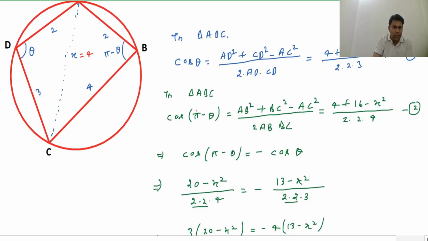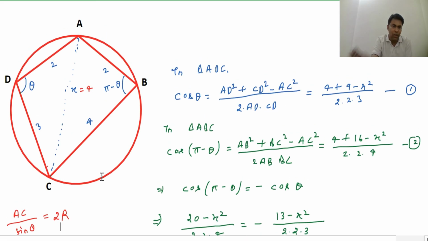If we use the sine rule in triangle ADC, it can be written as AC divided by sine theta is equal to 2r, where r is the radius of the circumcircle of triangle ADC, and the circumcircle of triangle ADC is also the circumcircle of the cyclic quadrilateral ADCB.